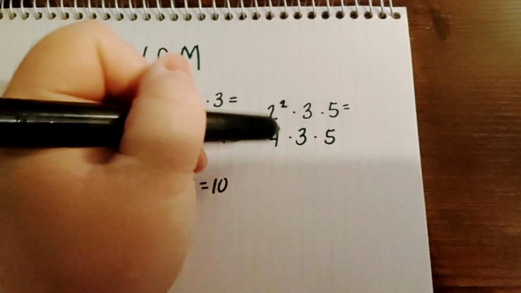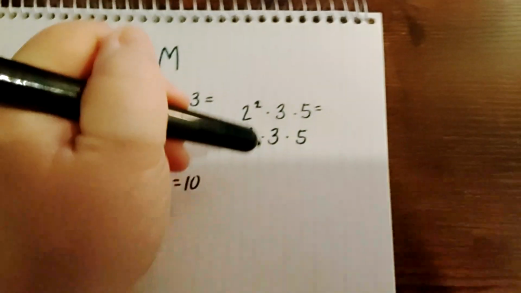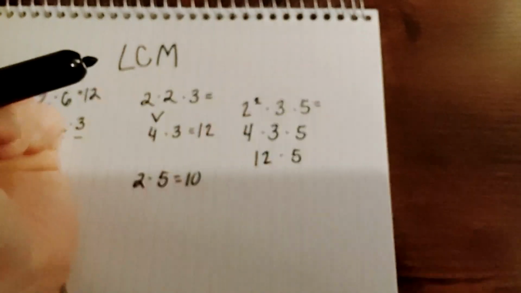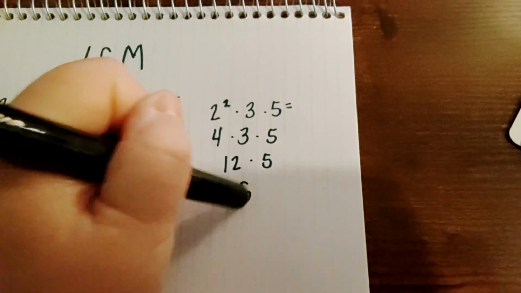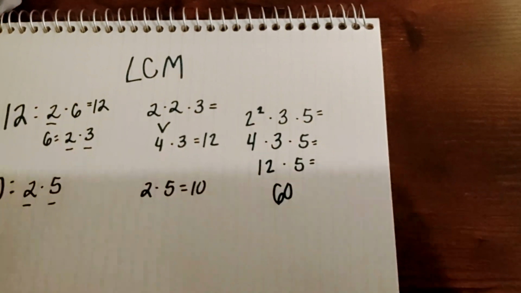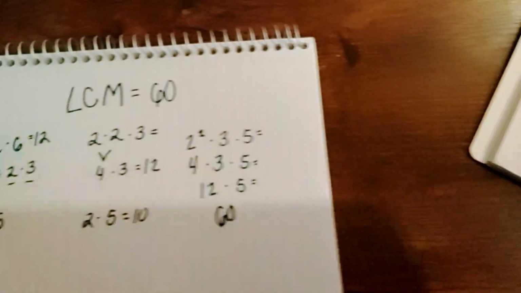It's always good to rewrite your whole problem. 4 times 3, that's right, it's 12. Let's rewrite it. 12 times 5 is 60. That's right. So our least common multiple of 12 and 10 is 60.